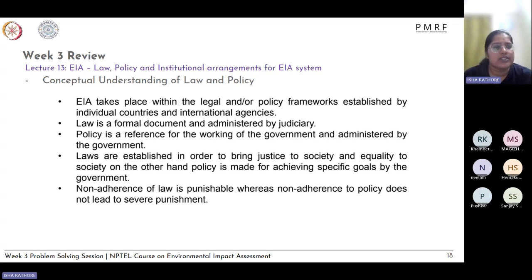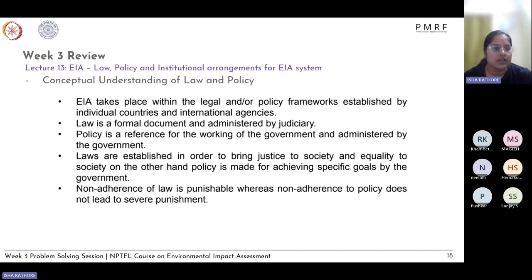Also, if you don't adhere to or follow a law, it is punishable by the legal system, whereas non-adherence to policy does not lead to severe punishment. There can be faults and some sort of monetary compensation that you have to give.